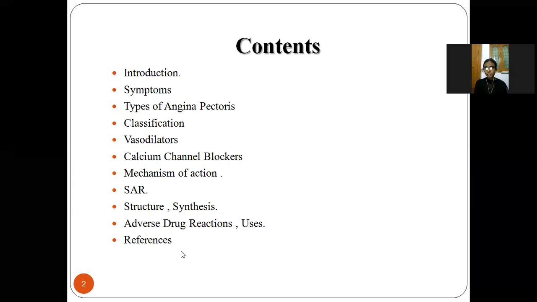Next, SAR means structural activity relationship, structure, synthesis, adverse drug reactions, meaning the side effects caused by the drug, and uses.